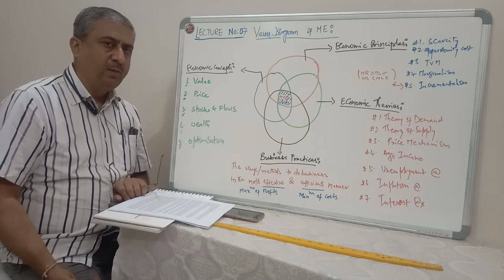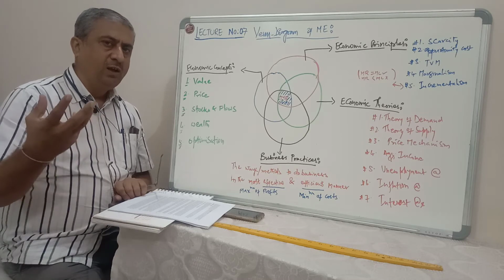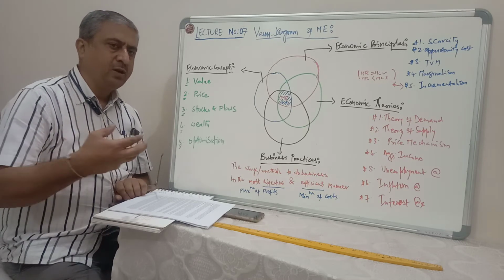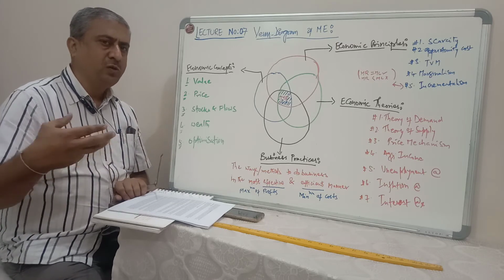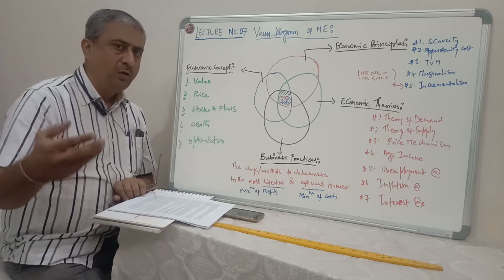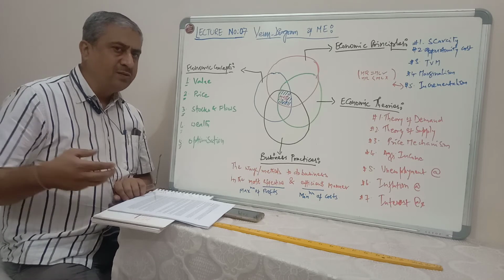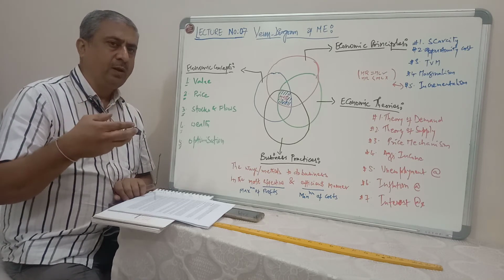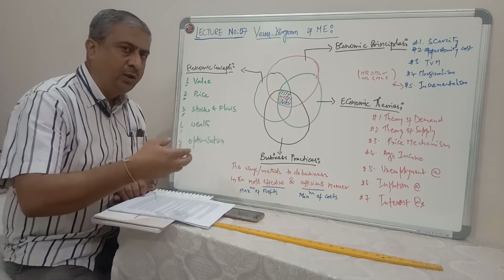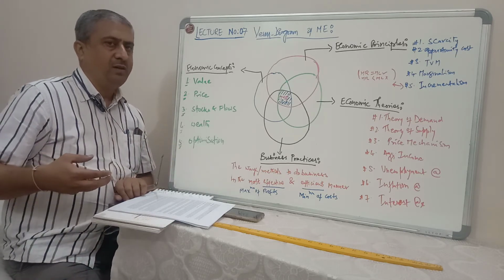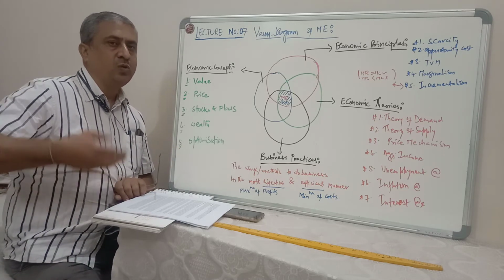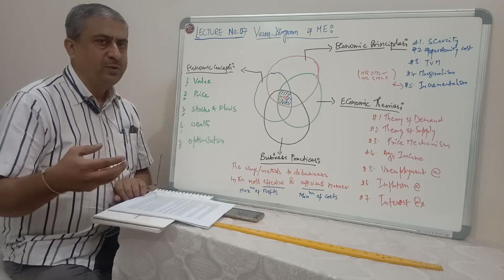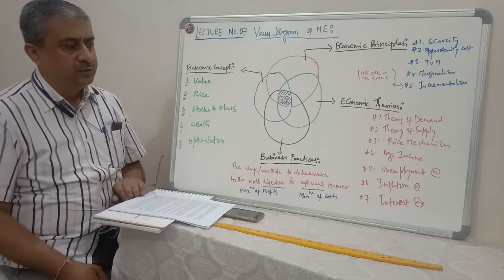Say for example, if the prices of onions go up, what happens? There is a corresponding shift in the prices of other commodities also. Or for example, if the prices of edible oils go up, what happens? All the products that are associated with oil also go up. Ripple effect, right? Inflation happens. More money chasing few goods.